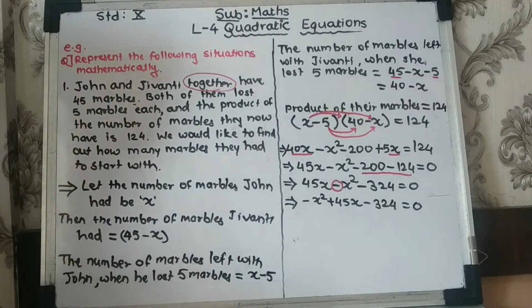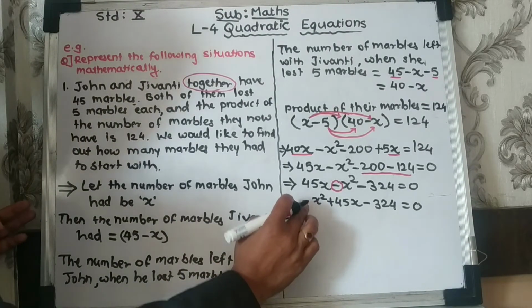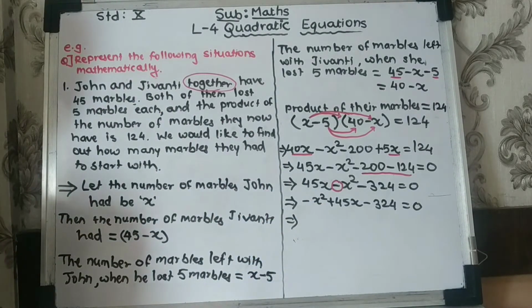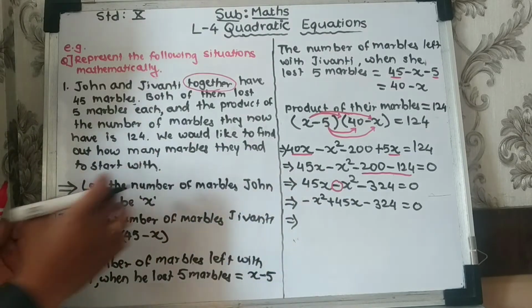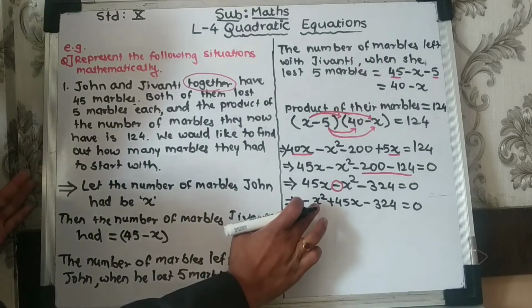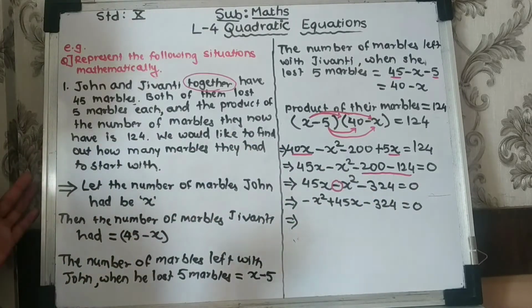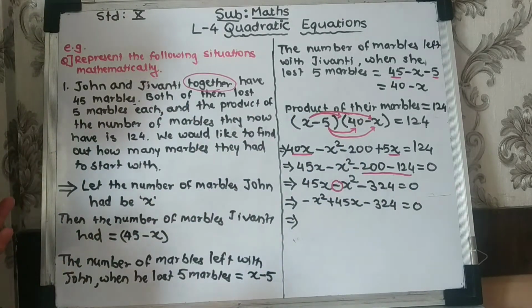Got it? Now this we are just going to write. I just want to remove this minus sign from the first term. If you keep it, then also it is correct, but generally we do not keep that minus sign with the first term. So what we are going to do, we will multiply each term by minus 1. No need to write over here multiplying by minus 1.